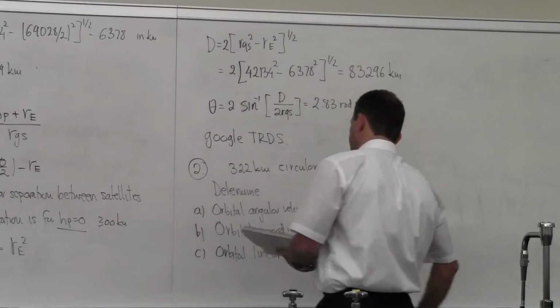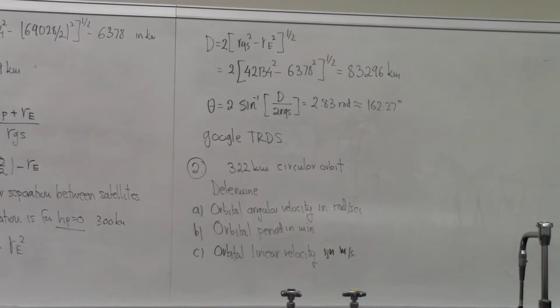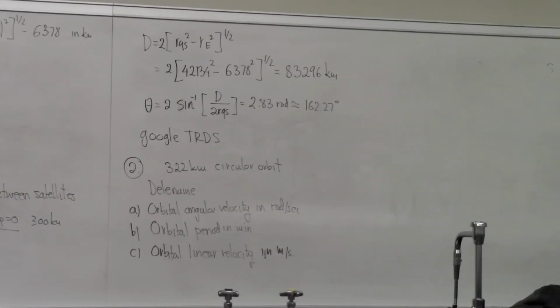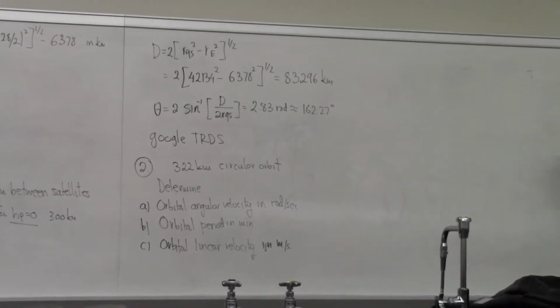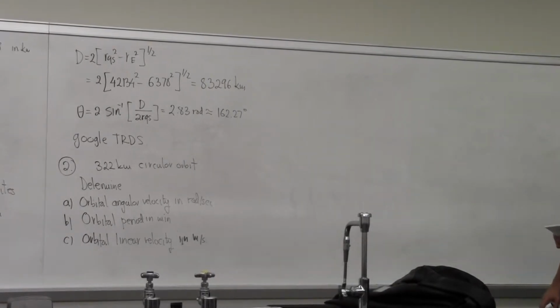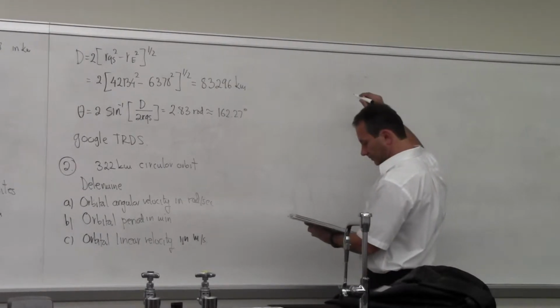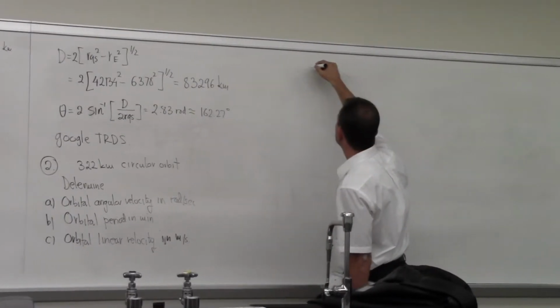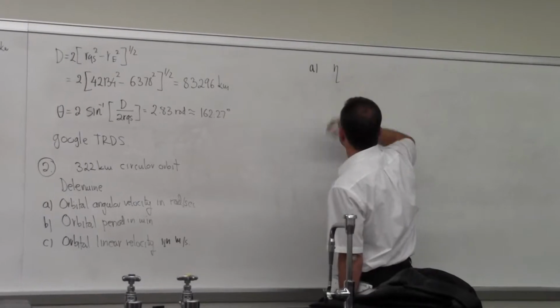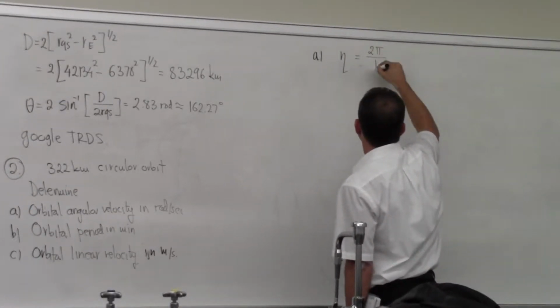These are just basic calculations that test your understanding of Kepler's laws and give you some intuitive feel about how these things are flying around the globe. So how do you determine angular velocity? Well, angular velocity, we usually use this eta symbol, is 2 pi over the period.